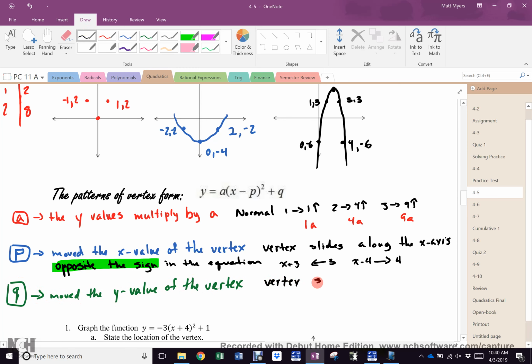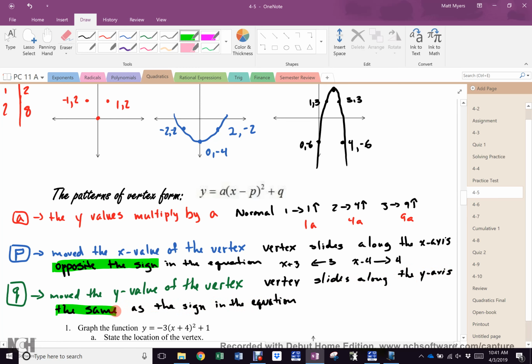The vertex slides along the y-axis the same as the sign in the equation.